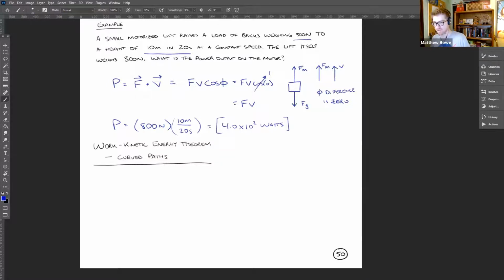Actually, I'm not even going to get really into it. We have the same starting point. Work is basically just the change in kinetic energy of an object.